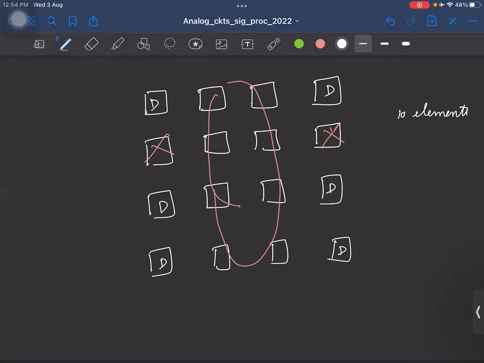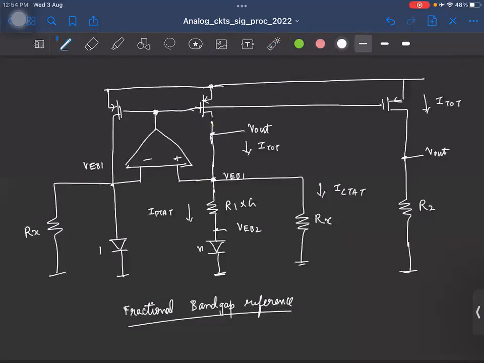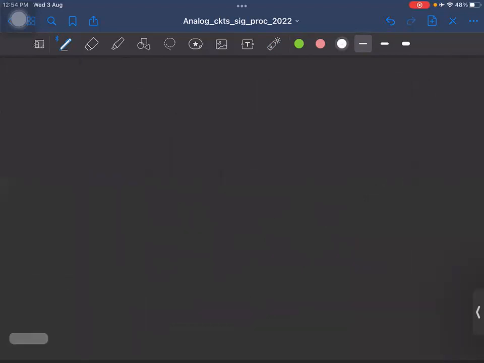Okay, so let me point out one other practical problem with Bandgap. For that, let's look at the simple circuit we had initially.